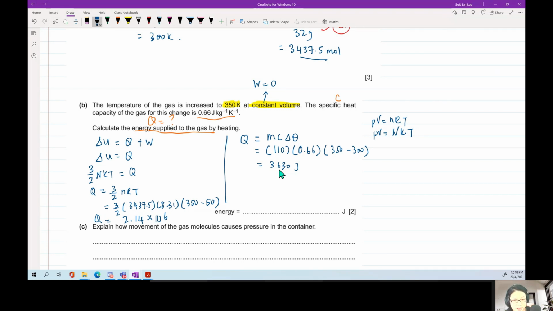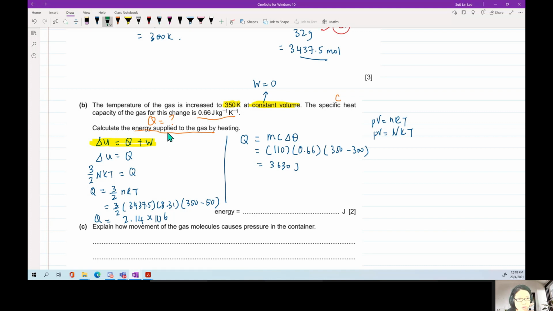Okay, so the answer to that is, if you look at this one, you don't have enough information about the state change. So when you use this equation, is all the heat used to change the internal energy? Don't know. We are assuming it's ideal because we use PV is nRT.